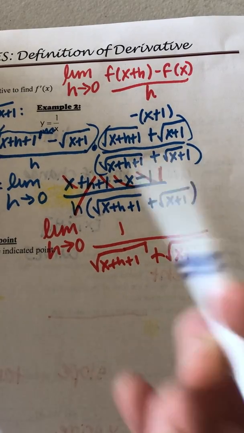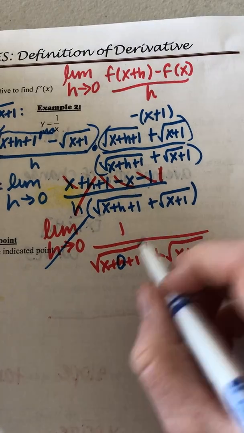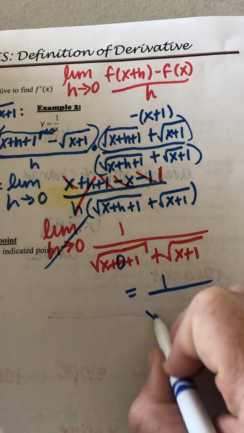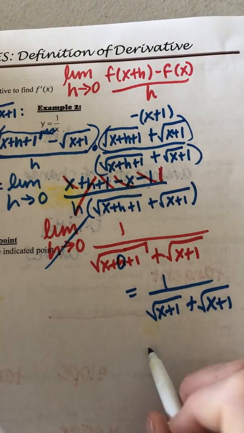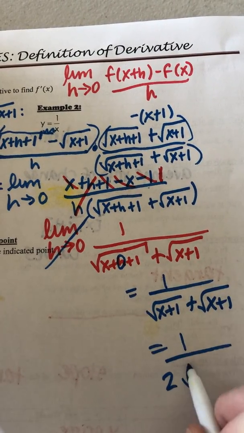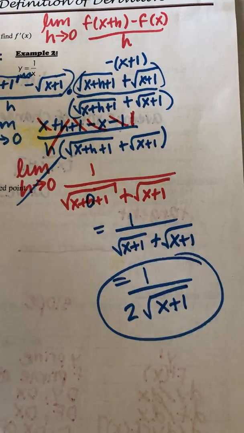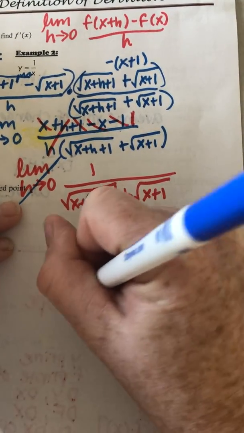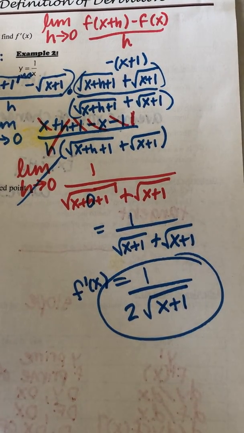Once we've taken that limit, we're plugging in 0 for h. So this is 1 over the square root of x plus 1 plus the square root of x plus 1, which is 1 over 2 square roots of x plus 1. That's the derivative. That's f prime of x.